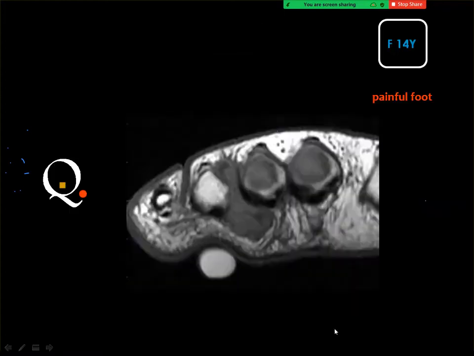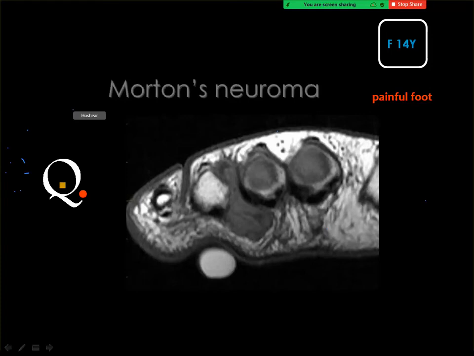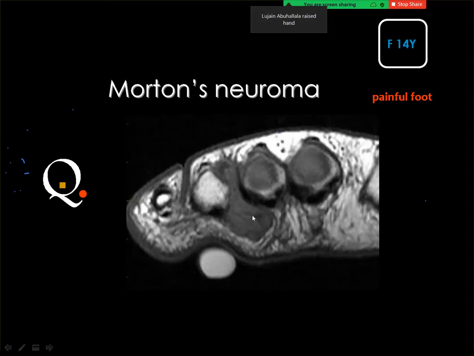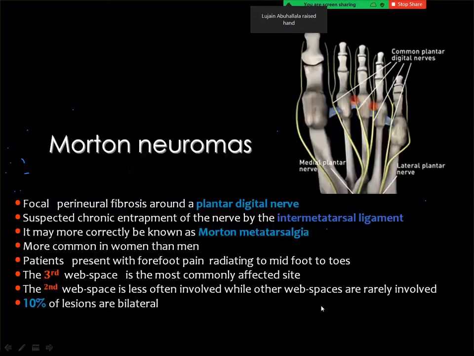Next case. This is Morton neuroma. Yes, and this is Morton neuroma, classic location, classic appearance, a dumbbell-shaped lesion, which is present in the third metatarsal space.